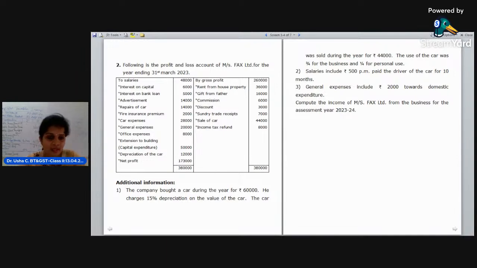Cash gift received up to 50,000 is not taxable.